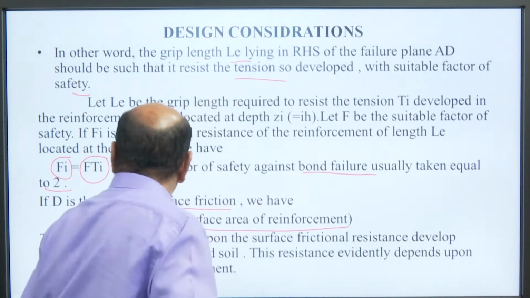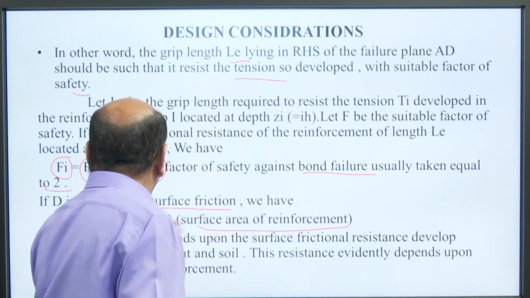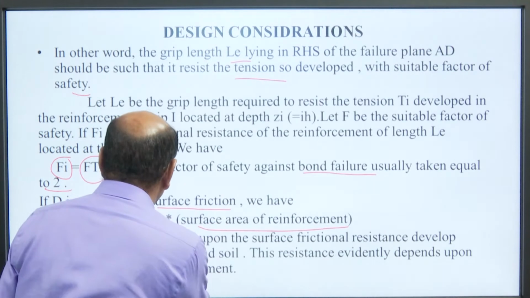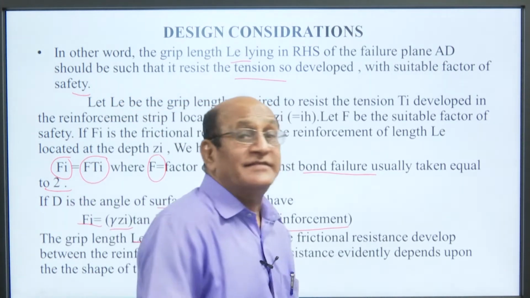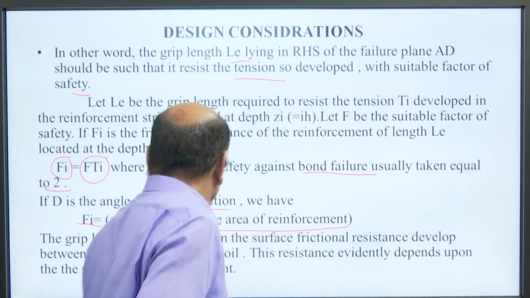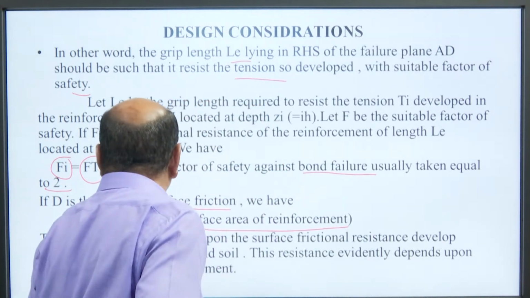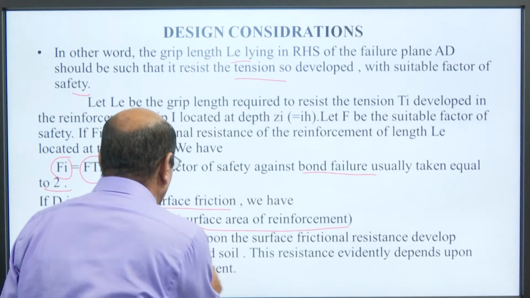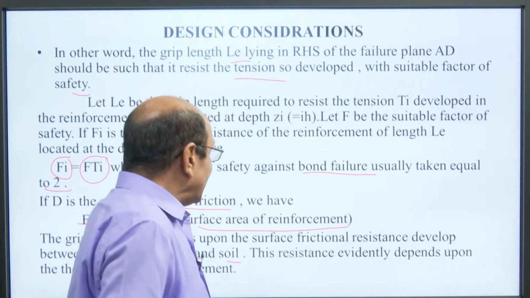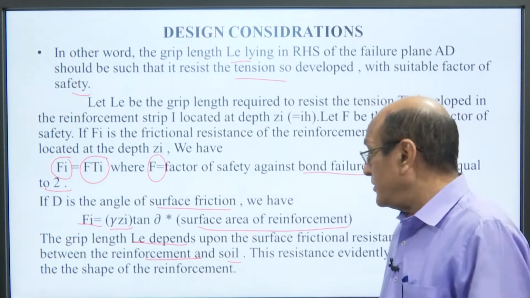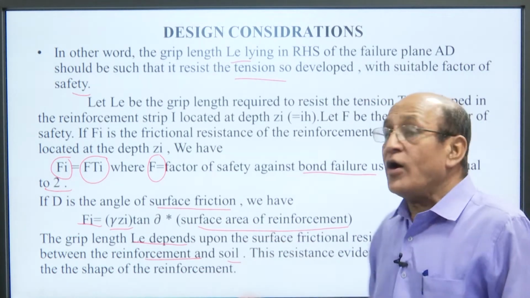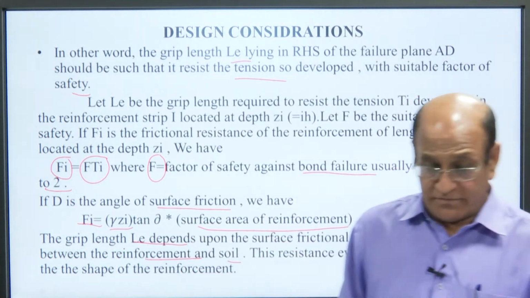So, the grip length L E depends on the surface frictional resistance developed between the reinforcement and the soil. This resistance eventually depends upon the shape of the reinforcement.